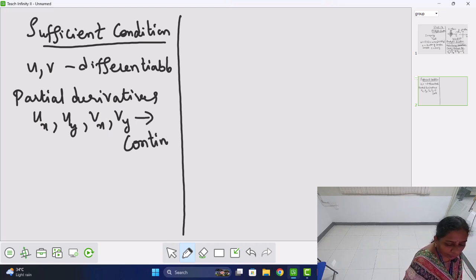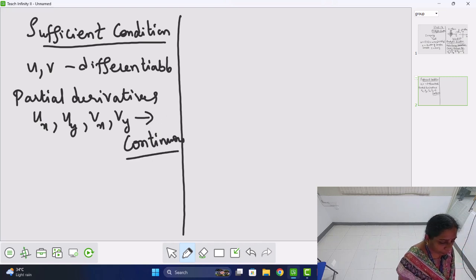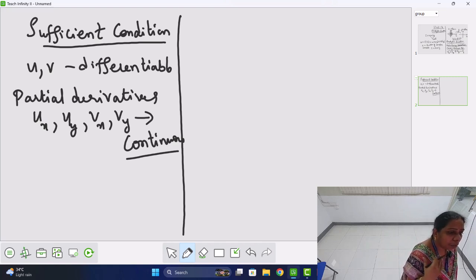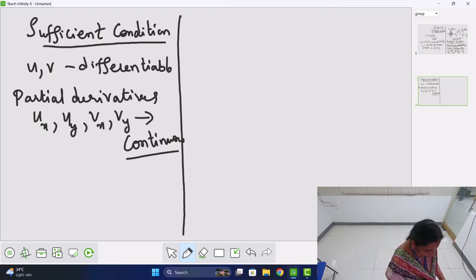Whenever these two conditions are satisfied, that is u and v differentiable and the partial derivatives continuous, that is a sufficient condition for the function f of z to be analytic.